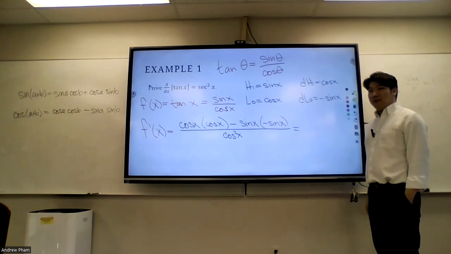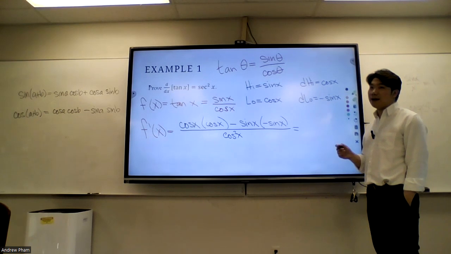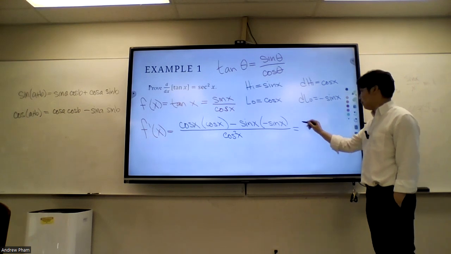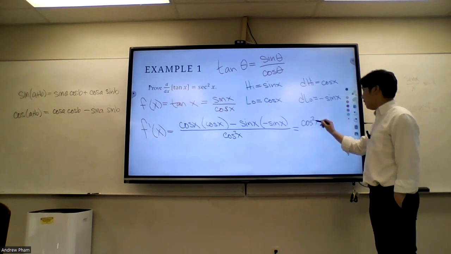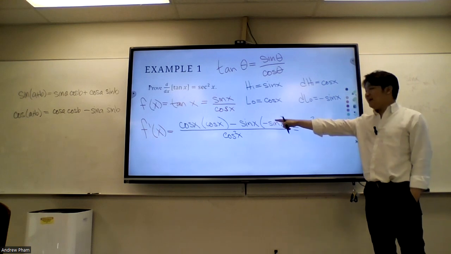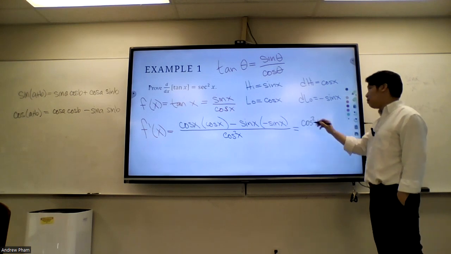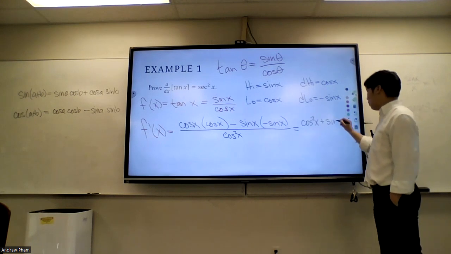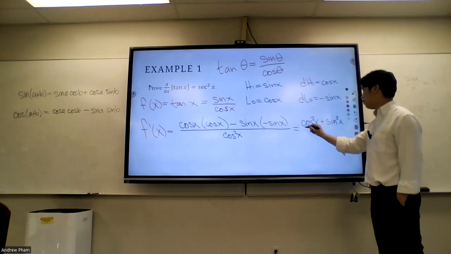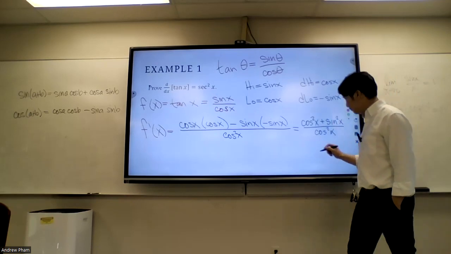And we're going to clean this up. What's cosine of x times cosine of x? Cosine squared of x, right here. Negative times the negative for the other part, we get a positive. And we get sine times sine, which is sine squared of x, all over cosine squared.